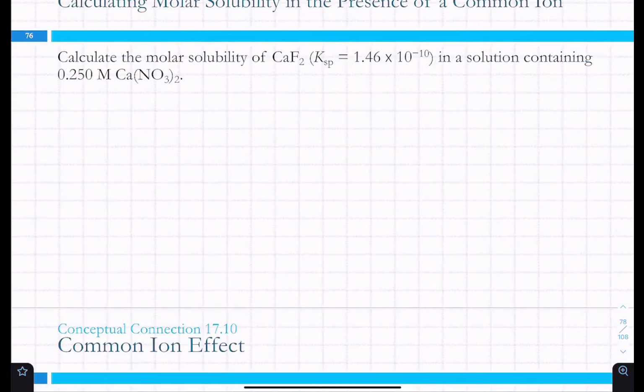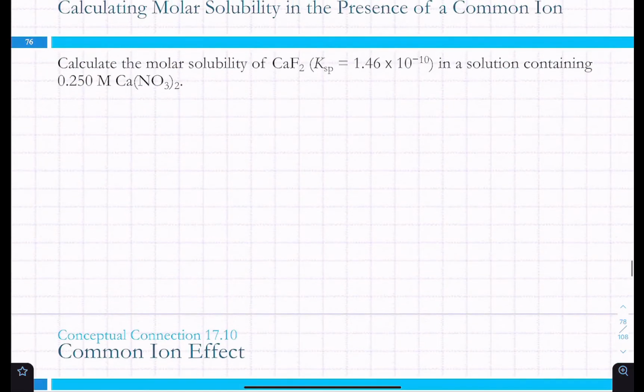So when we go to calculate something like this, if we want to calculate the molar solubility for calcium fluoride in a solution that's already got calcium ions, so calcium nitrate, we have to include that in our ice table, just like we include previous hydronium ions in a weak acid ice table.